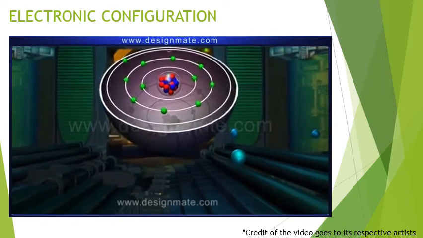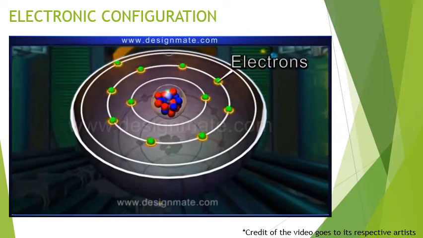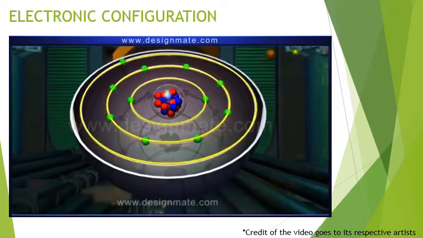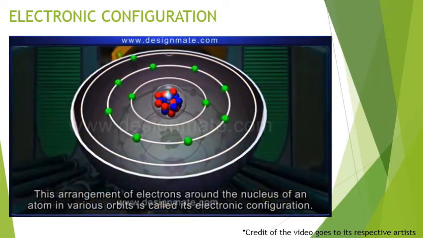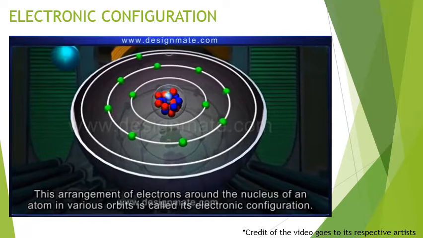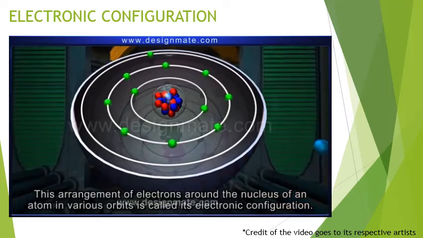Besides protons and neutrons, there are negatively charged particles called electrons, which revolve around the nucleus in various shells or orbits. This arrangement of electrons around the nucleus of an atom in various orbits is called its electronic configuration.